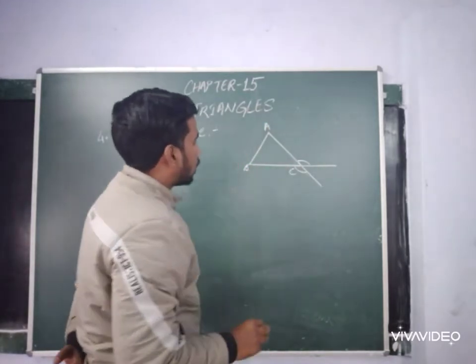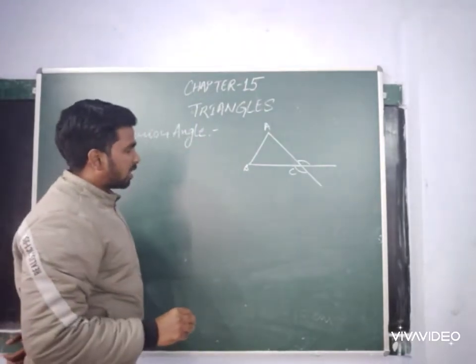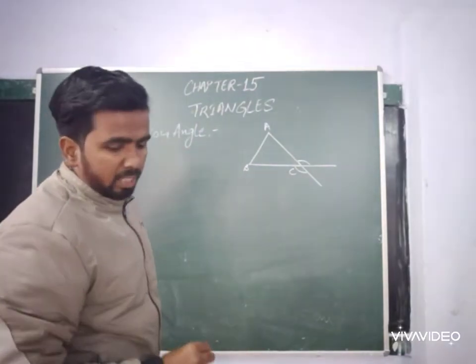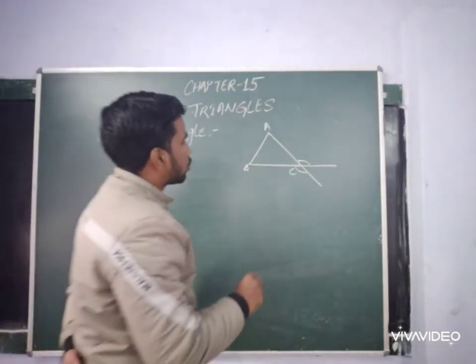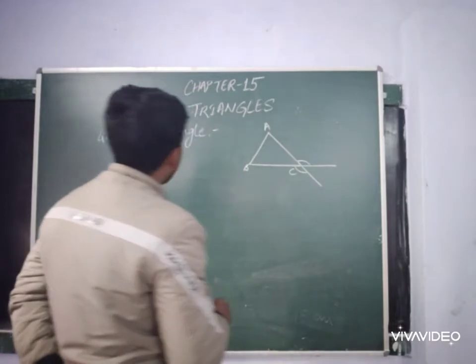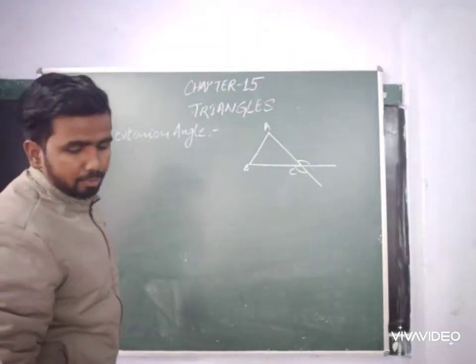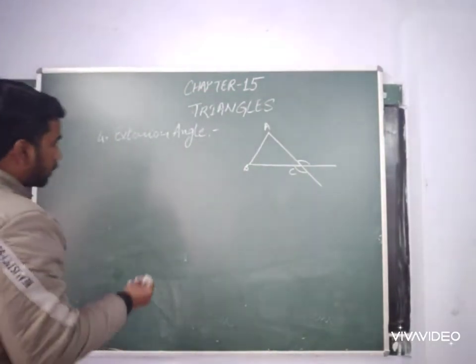By the definition, when any side of a triangle is produced and the angle so formed outside of the triangle, at a vertex, is called an exterior angle. Let me write the definition.